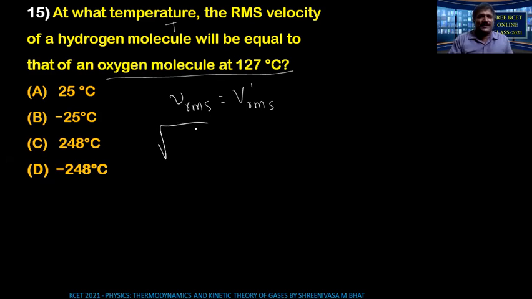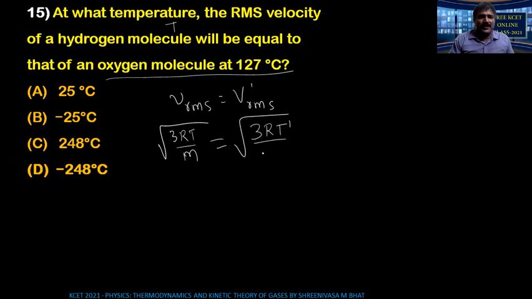Now for first gas, if I write temperature T for hydrogen, so I write the formula. VRMS is given by root of 3RT upon M. Okay, 3RT by M. It is equal to root of 3R T dash. T dash, temperature of oxygen gas, is given 127 degrees Celsius.